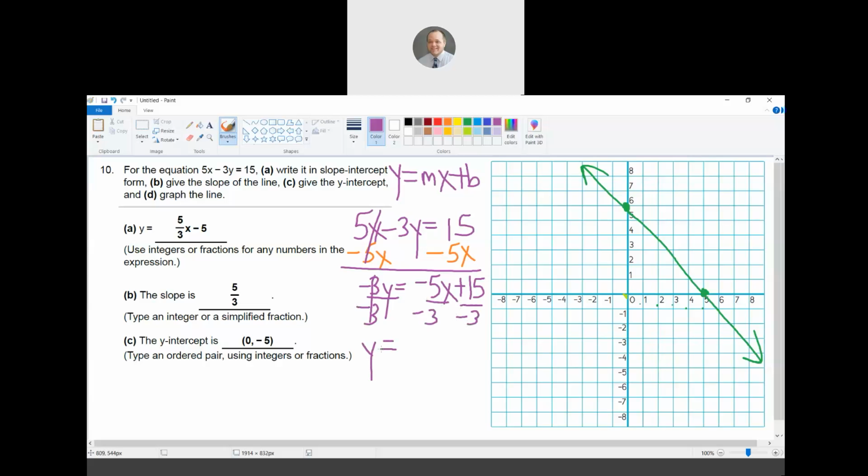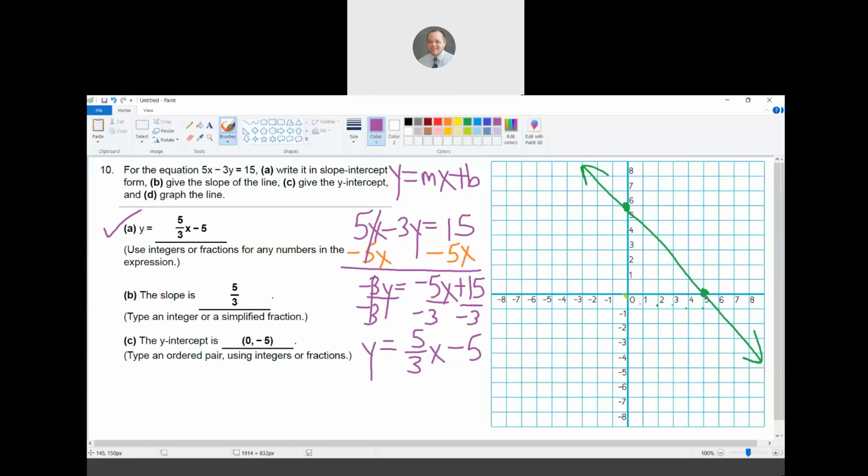Giving us y equal to, and be careful with your signs, this is actually a positive 5/3 x now, minus 5. So we got part A answered.